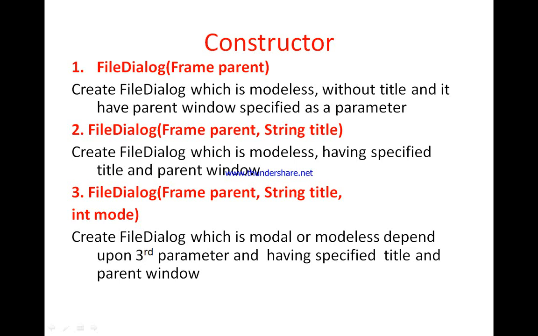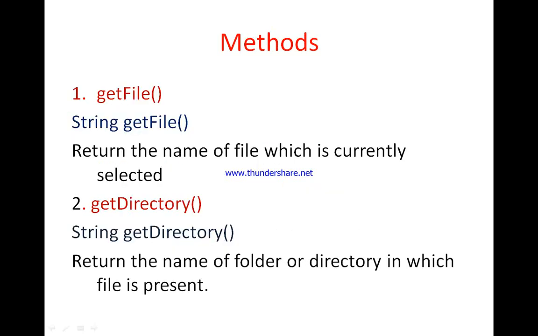The second parameter specifies the name which appears in the title bar, and the third parameter specifies the type of file dialog. There are two types, modal and modeless. If the parameter is FileDialog.MODAL, then that file dialog is modal, and if the parameter is FileDialog.MODELESS, then the file dialog is modeless. Okay, these are the constructors.